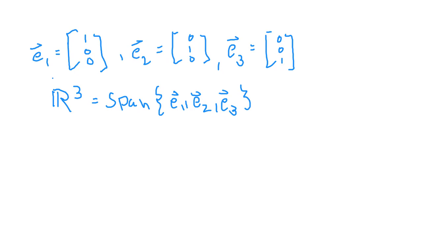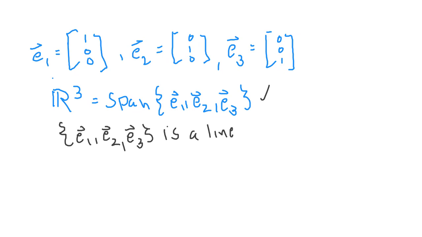Definitely it is. That's right, Mikhail. Any vector in R3 can be written as a linear combination of those unit vectors. And further, we know those unit vectors form a linearly independent set.